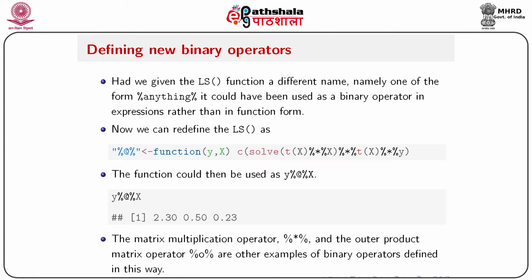How to define a new binary operator? If you can recall the matrix multiplication, where the asterisk was given in between two % symbols. So this is actually one kind of binary operator that is already defined in R, but R has the flexibility to define new binary operators as per your choice.